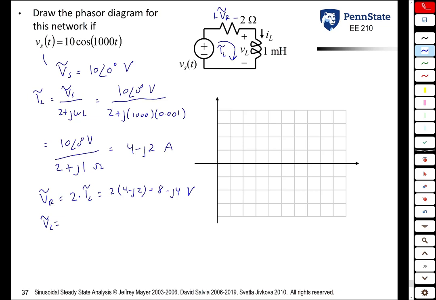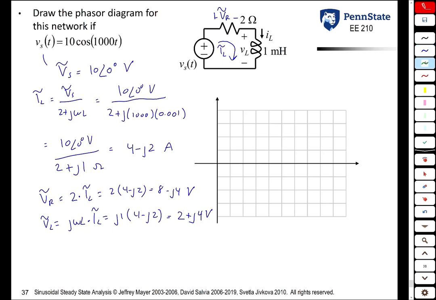VL tilde is just J omega L times IL tilde, which is J1 times (4 minus J2), which is 2 plus J4 volts. We can now put these all on the phasor diagram.